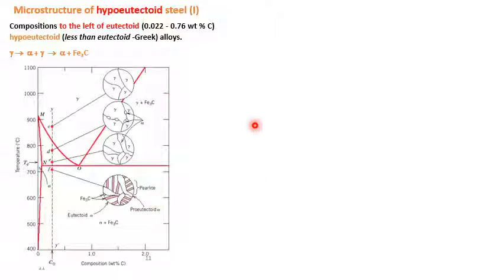So now we have seen the invariant reactions and the different phases. Let's see how the formation of these different phases occurs at different temperatures with composition.